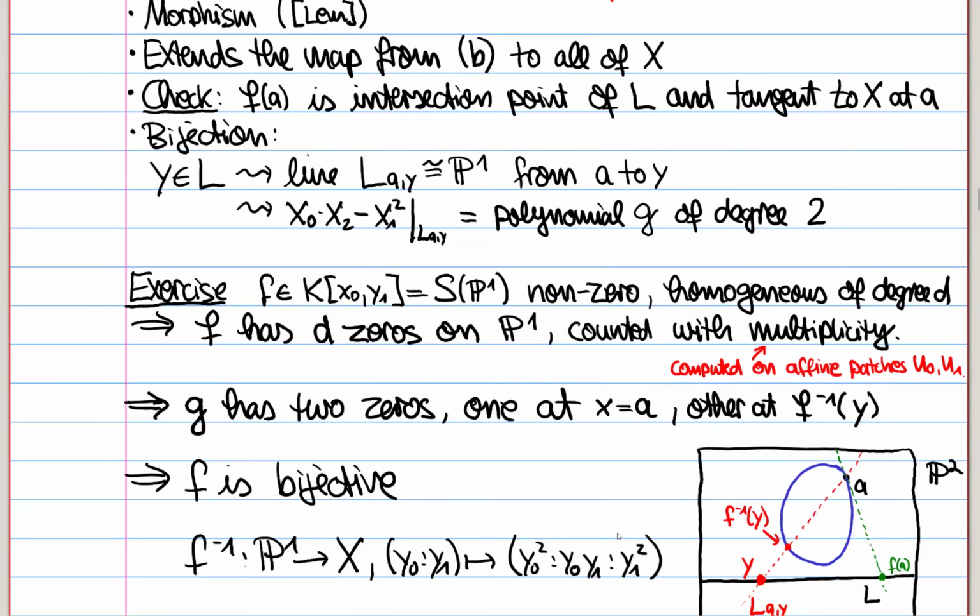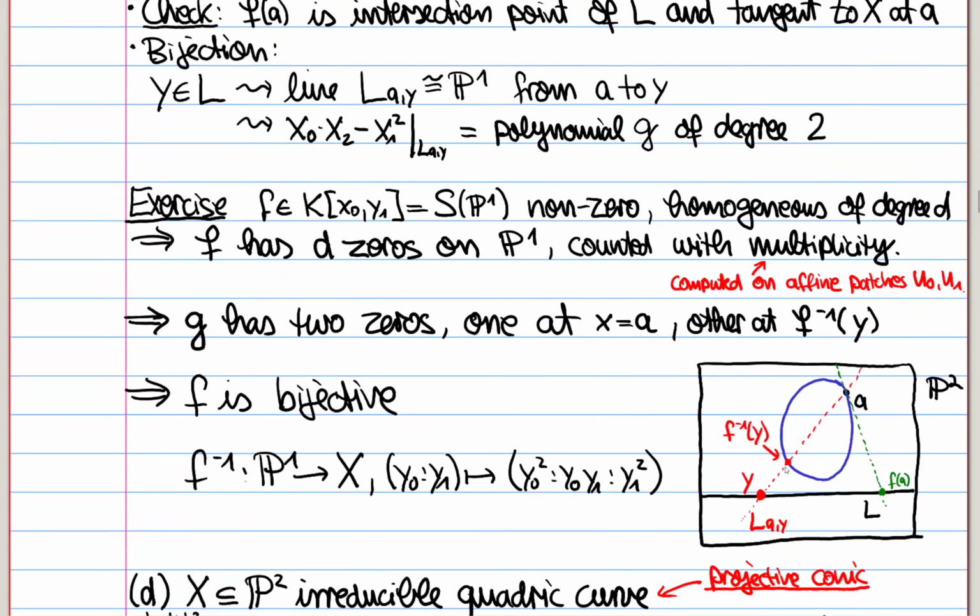And then the other solution is exactly at the unique pre-image point here. So somewhere here you have y. This is L_A,y. And then there's exactly two solutions. And certainly, in this picture here, if you move the point y around, then you basically get every single line through A, and you see all of these lines have the property that they intersect the circle in one more point.